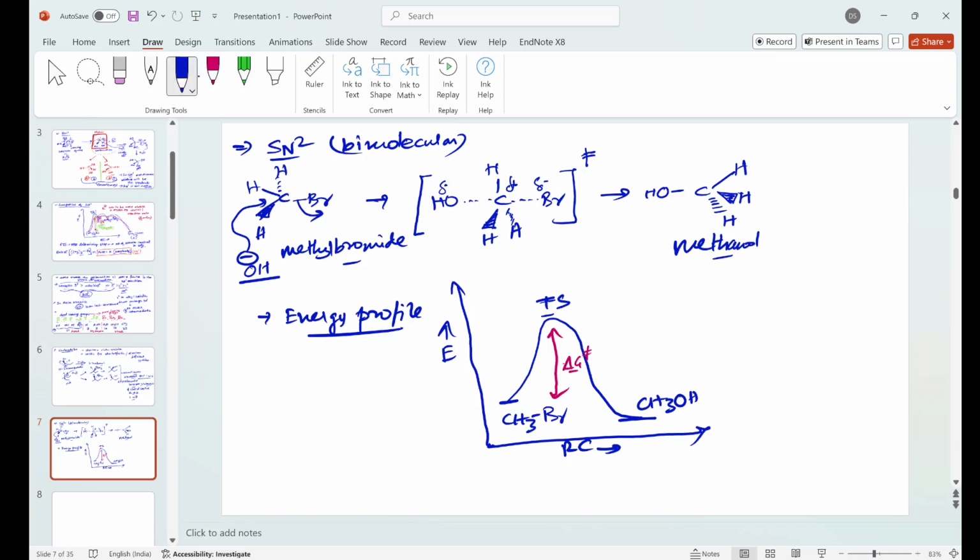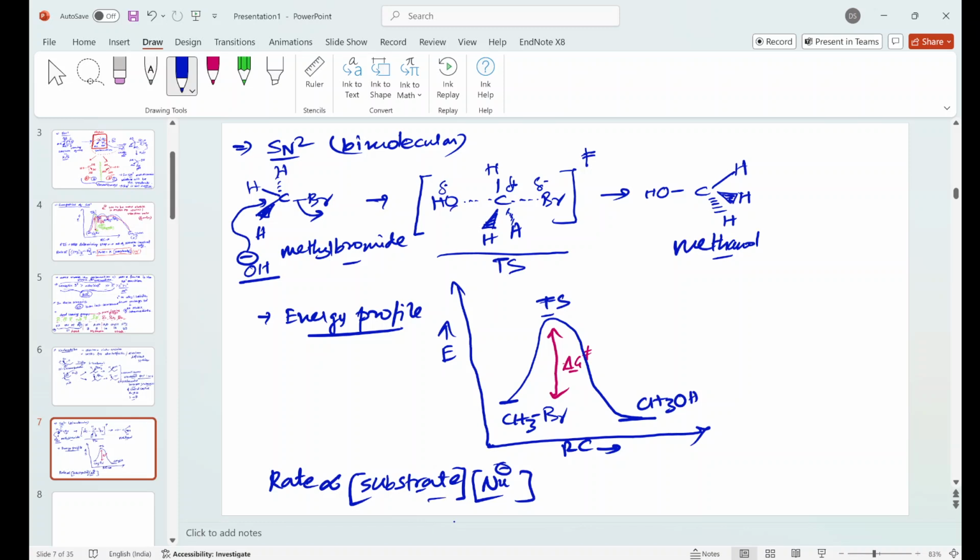So with what will the rate depend? Rate will depend on both your substrate and the nucleophile. Why? Because in this transition state you can see both these two molecules are involved.